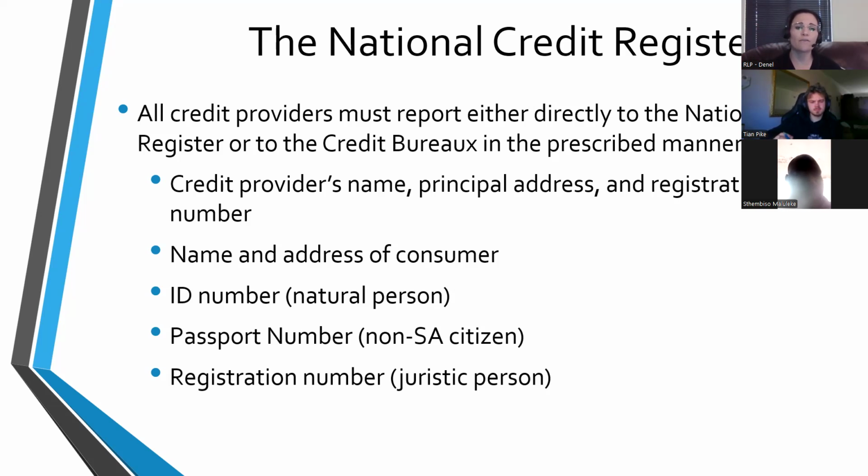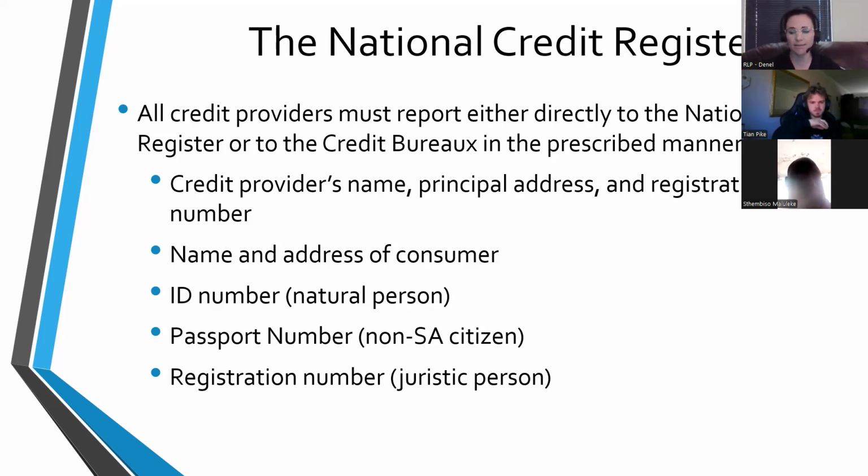They'll also ask for the name and address of the consumer, the ID number if it's a natural person, the passport number if it's a non-SA citizen, or the registration number if it's a company, as part of the information that they need to report on the National Credit Register.